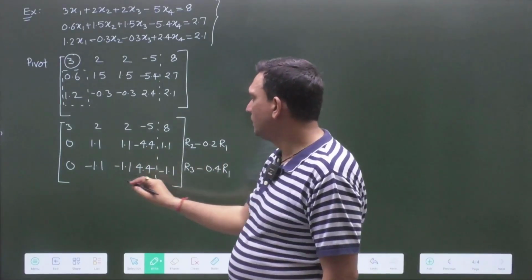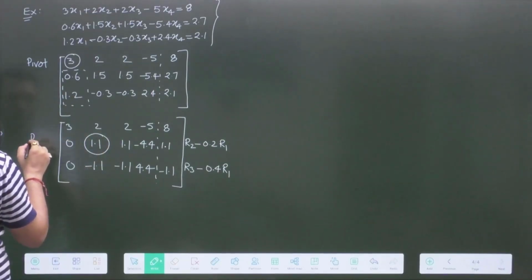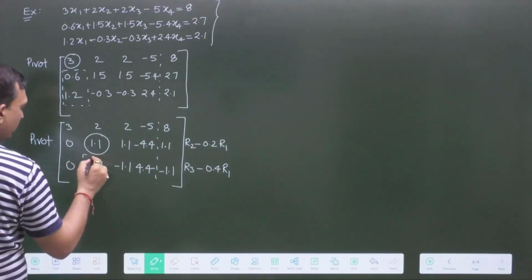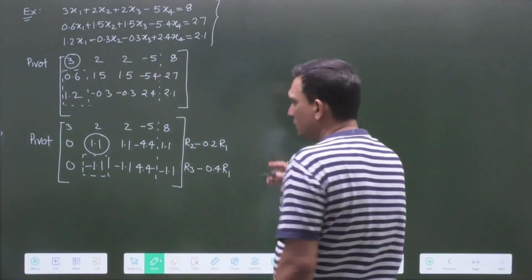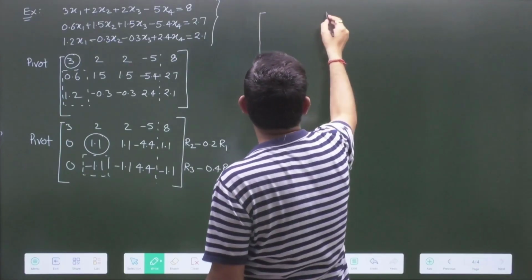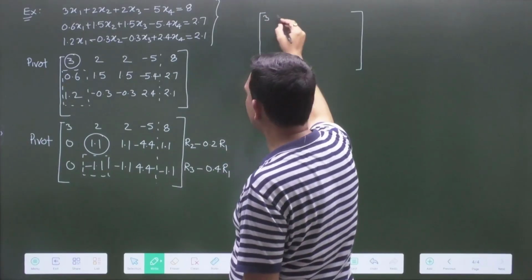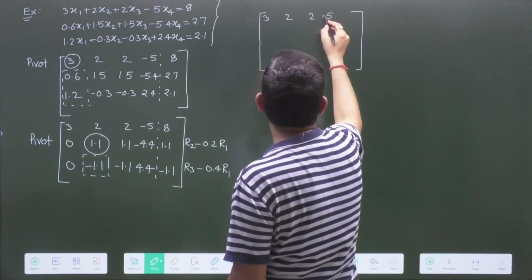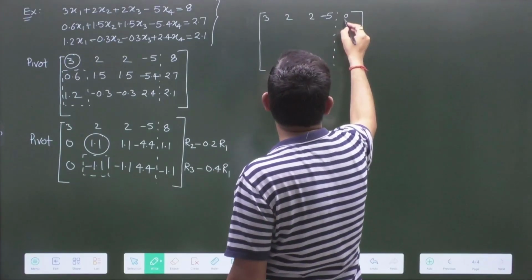So again, now this is the pivot row. And we want to eliminate this. So next step is this is 3, 2, 2 minus 5, and this is 8.